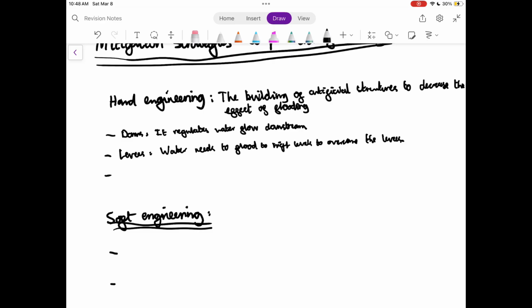And finally, you can also talk about flood relief channels. So these are channels that divert water away from urbanized areas, which then can lead to a decrease in flooding in those areas.